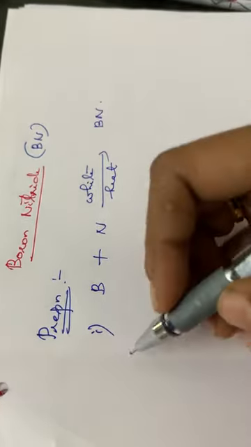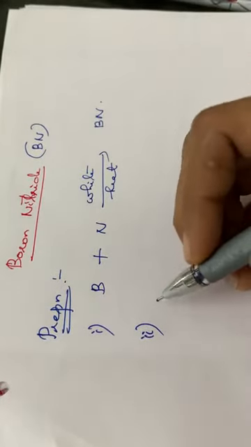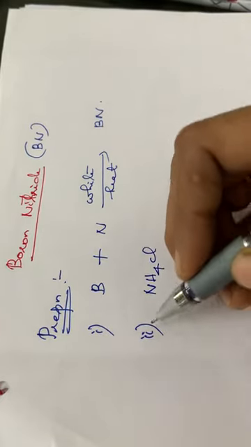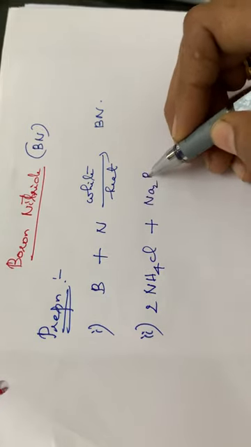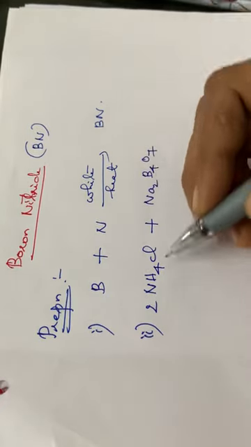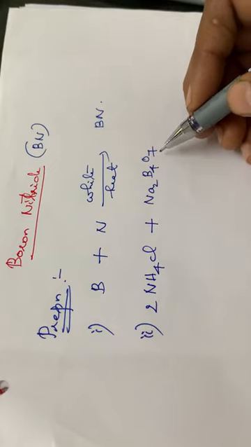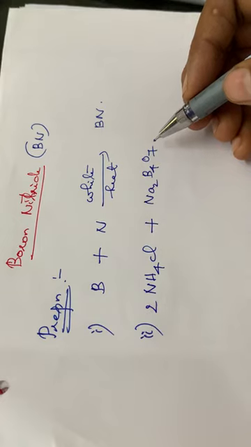Then the second method of preparation is that a mixture of dry ammonium chloride is heated with anhydrous borax, that is Na2B4O7. Anhydrous means it does not have the water of crystallization.